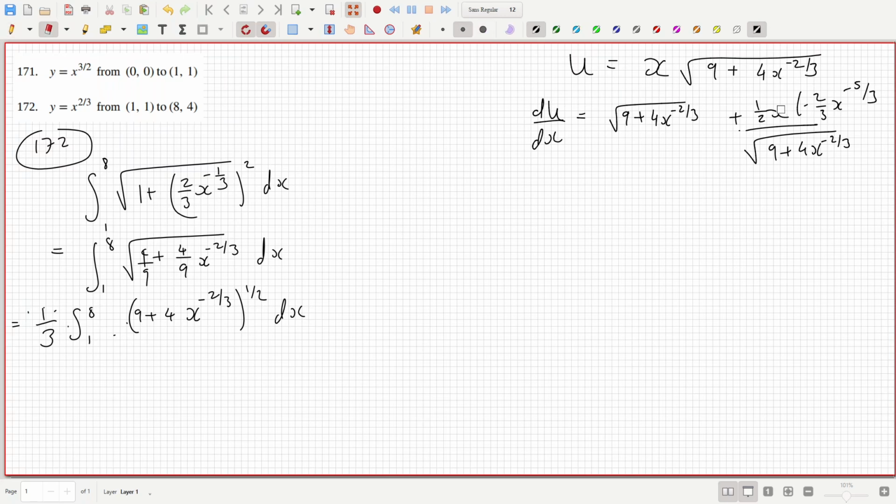But then we can multiply by x to bring it back to minus 2/3. And then maybe, is that better or is that worse? Hmm.